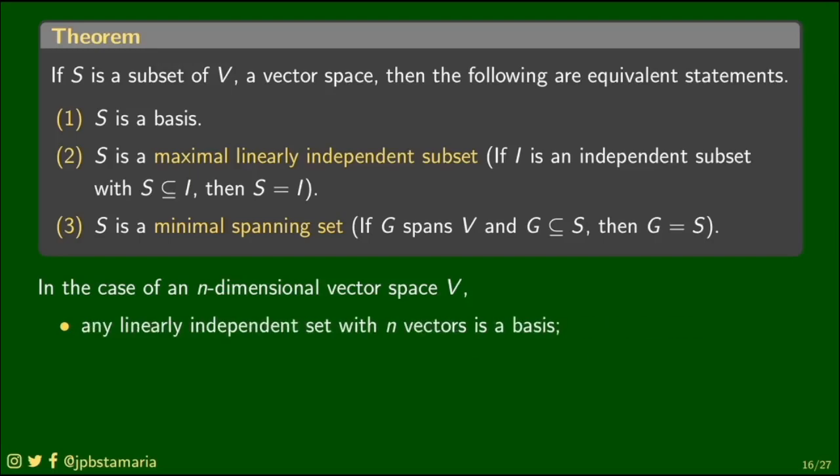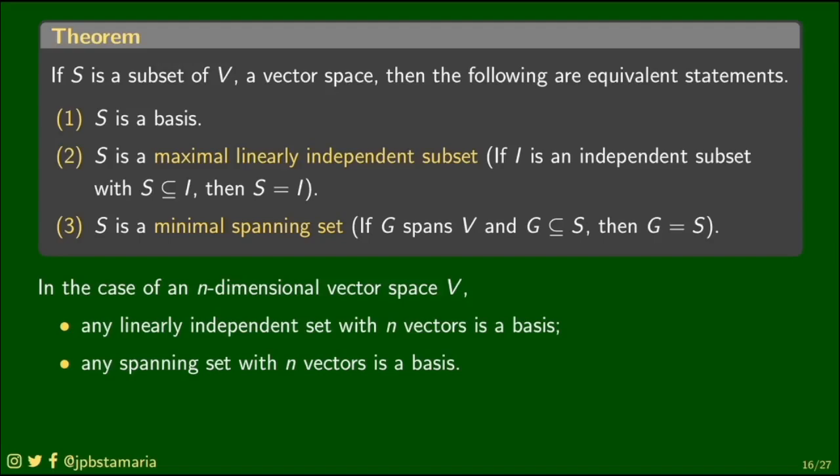And as a consequence as well, if you get a set of n vectors, once it is linearly independent, already it is a basis, right? Because a basis is a maximal independent set. If your dimension is n, then the maximal number is n. So any linearly independent set with n vectors in it must be a basis. Or any spanning set with n vectors must be a basis.